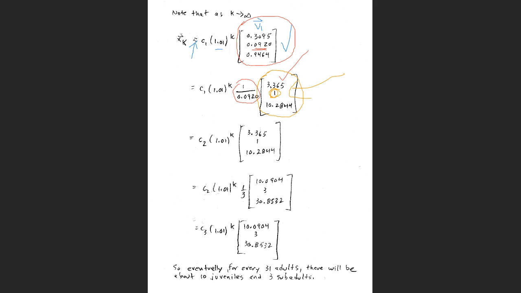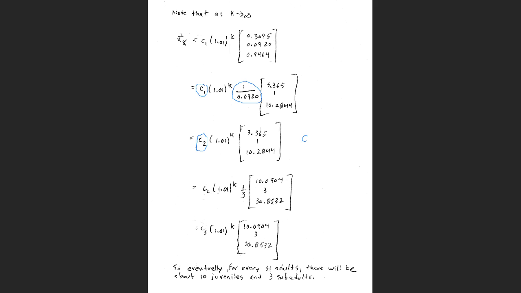Now, what happens here is you notice that I have a C1 here, and I have a 1 over 0.0920. But if I multiply them together, I can just call that C2. C2 will equal C1 times 1 divided by 0.0920.